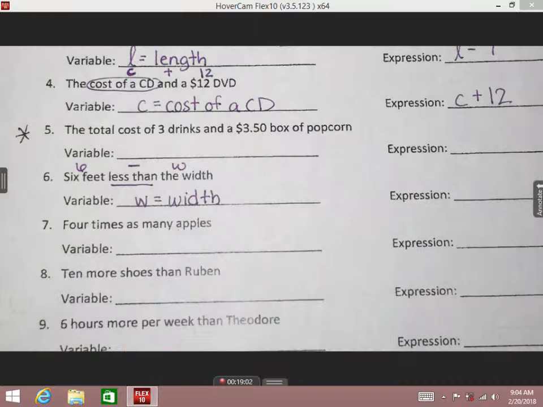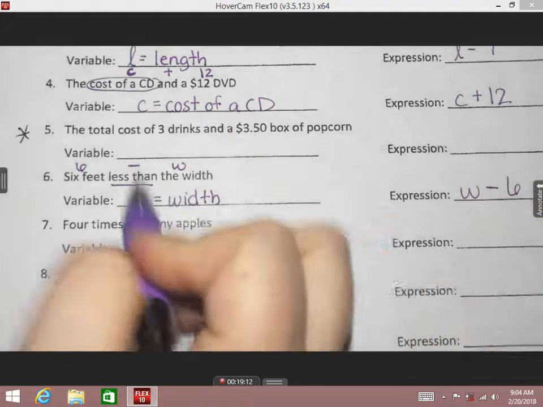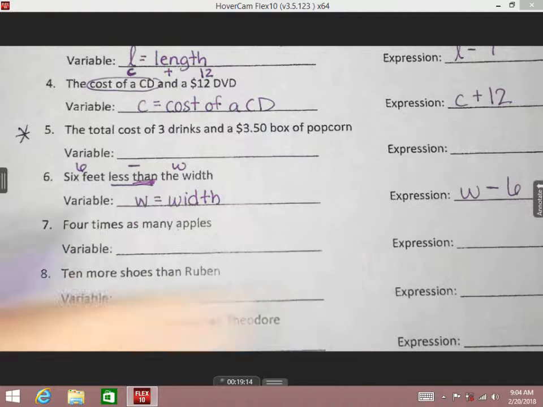All right, how am I going to write that? W minus 6. You notice she did not leave it as 6 minus W because it said the word than, so we flipped them around. Did y'all see that? Yes? Oh, I did. I left out the C completely, the second C. Thank you. We'll fix that.